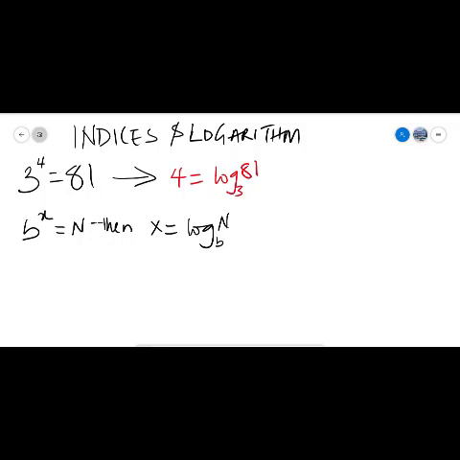All right, log n base b. Observe the relationship between indices and logarithm.